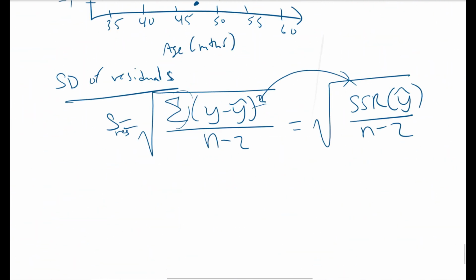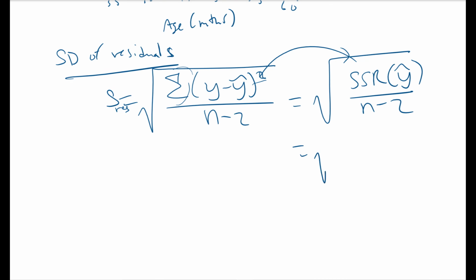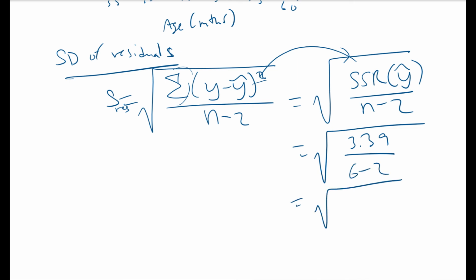Now that goes here for the numerator. So we got square root of 3.39 over, we had how many numbers? We had 6 numbers, take away 2, and then we do the square root of that. Or I'm just going to do it all in the calculator. So if you did that, you get 0.92.